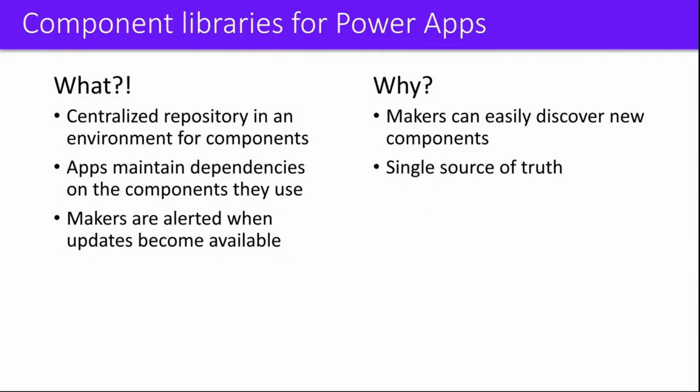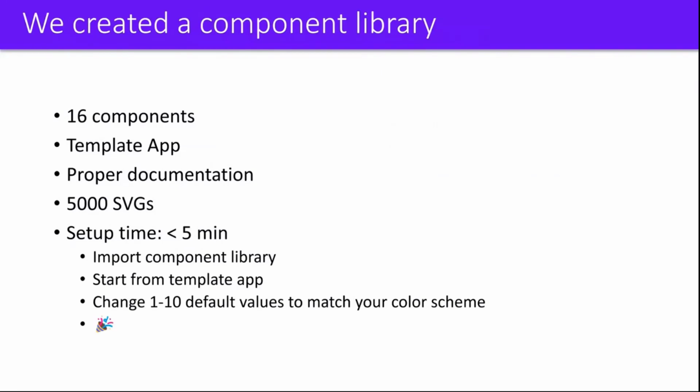So Robin and I have a little gift for you, and the gift is 16 components in a component library, a template app, proper documentation, around 5,000 SVGs. I think Robin will tell a little bit more why we need 5,000 SVGs. And the beautiful thing about that is the setup time for you as a maker is less than 5 minutes.